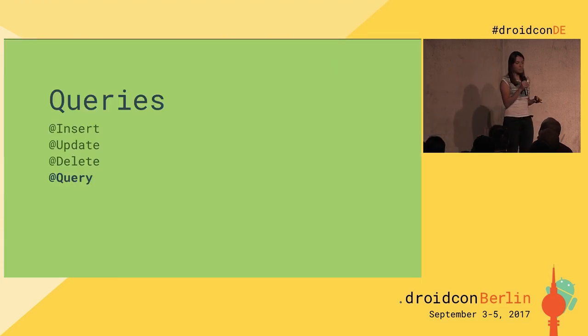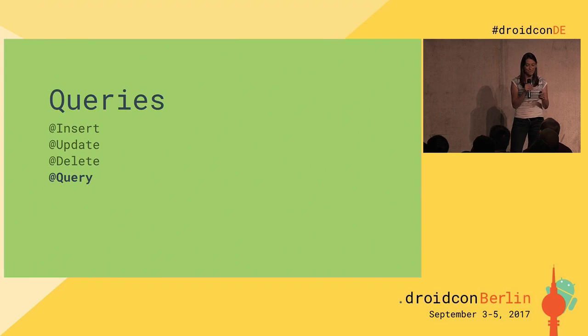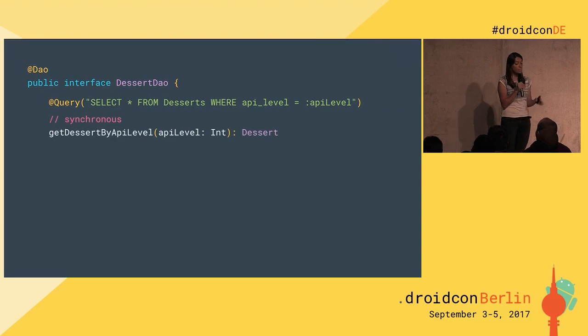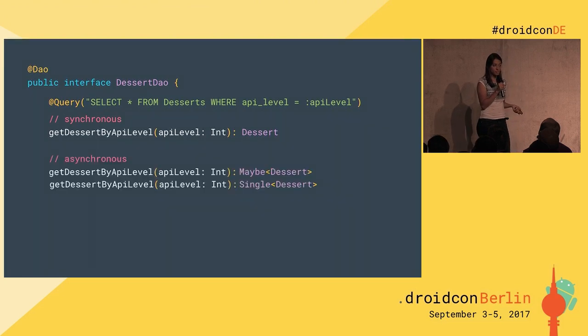OK, I already mentioned a little bit about query. Let's see more about it. So let's go with a more complicated query. Let's say that I want to get a dessert for a specific API level. So I can do this in several ways. I can do this synchronously by just calling getDessertByAPILevel that returns me the dessert. But I can also do this asynchronously.